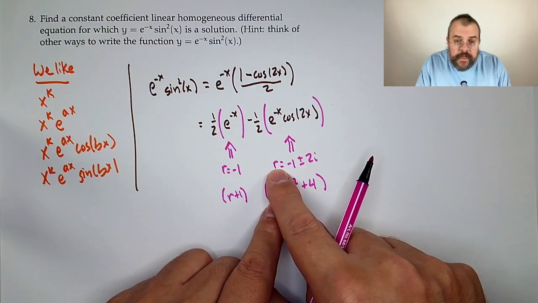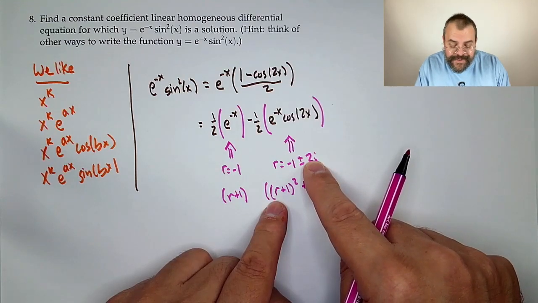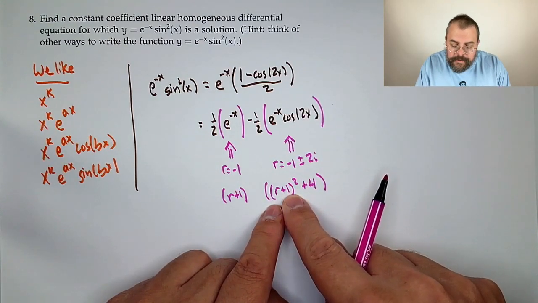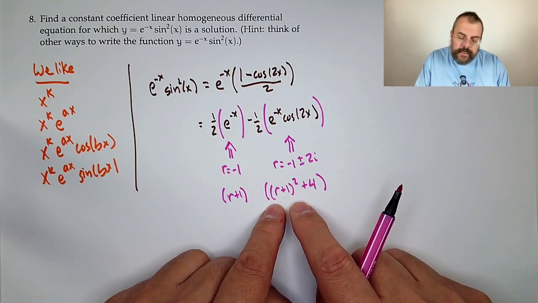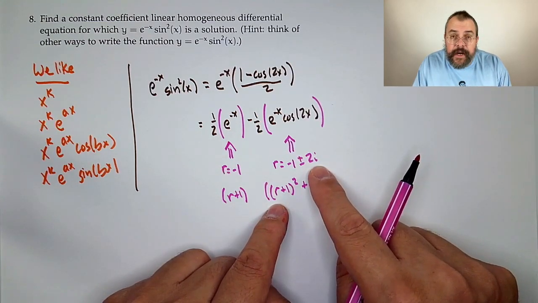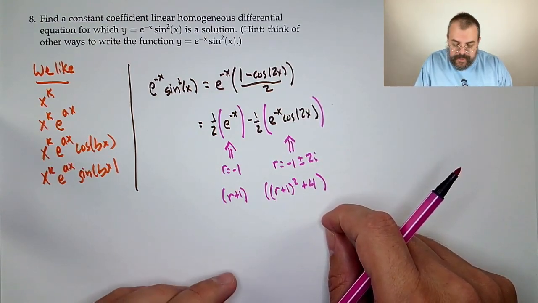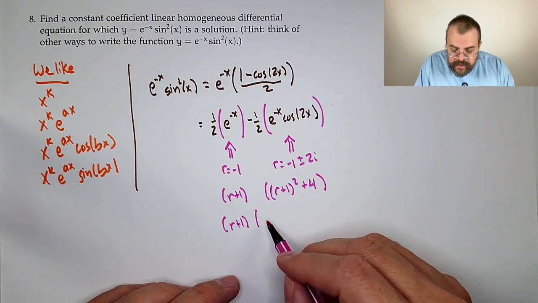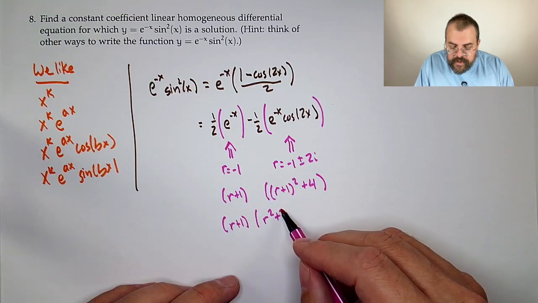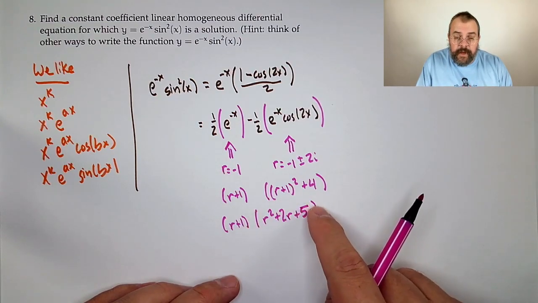Add 1, get r plus 1 equals plus or minus 2i. Then square, (r plus 1) squared is minus 4. So you get (r plus 1) squared plus 4 equals 0. Okay, so this is r plus 1 times r squared plus 2r plus 5, if you were to expand.